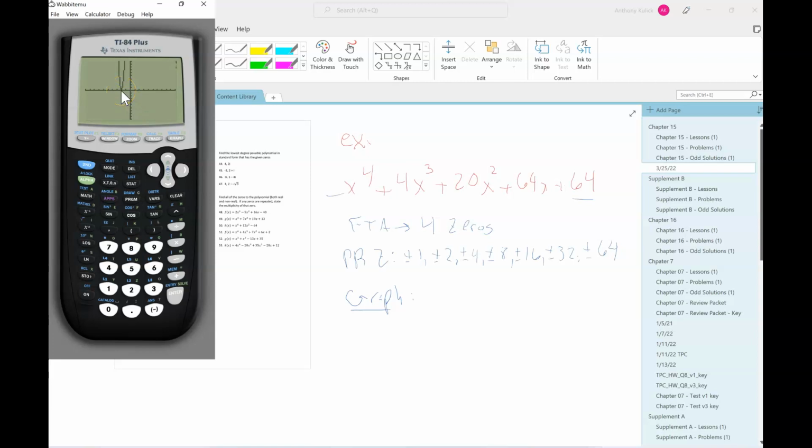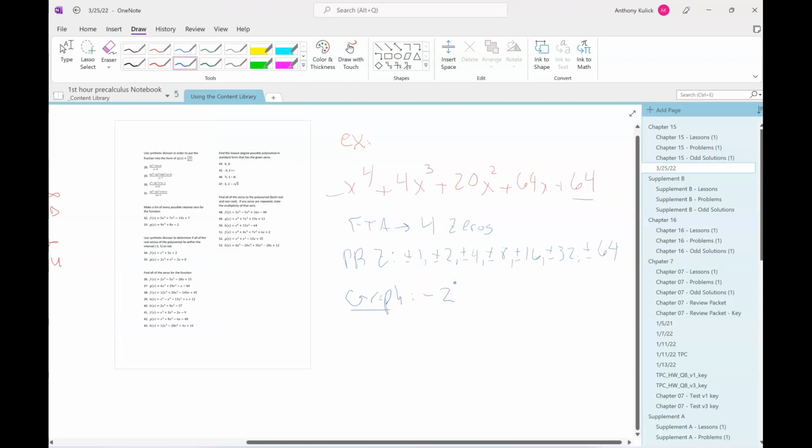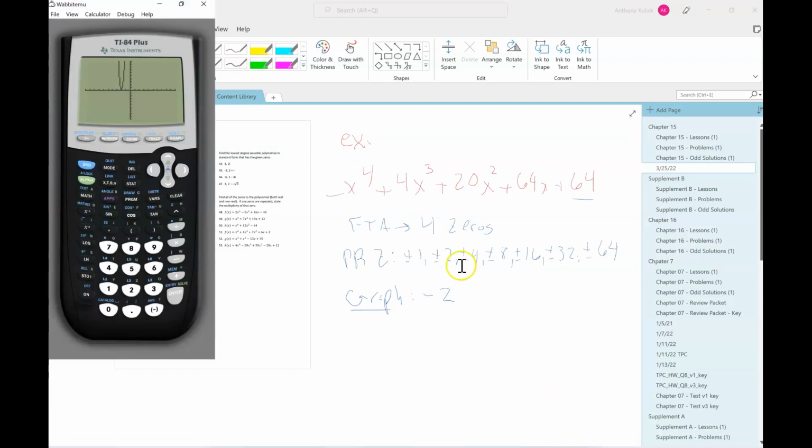All right, so I see an x-intercept here at -2, but that's all I see. Now, two things could be going on. This might be a zero used a bunch of times, or, well, I can't see past -10 to +10, so these guys just might be happening but off the screen. So let's check real quick to see if they're happening off the screen. So I'll just reset my x min and max to be -64 to +64. I doubt they're off the screen. I know what's happening because I made the problem up. But, you know, let's just be careful, right?